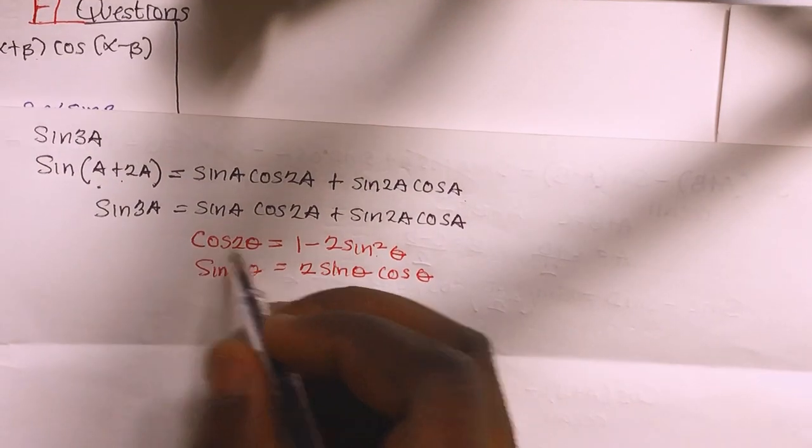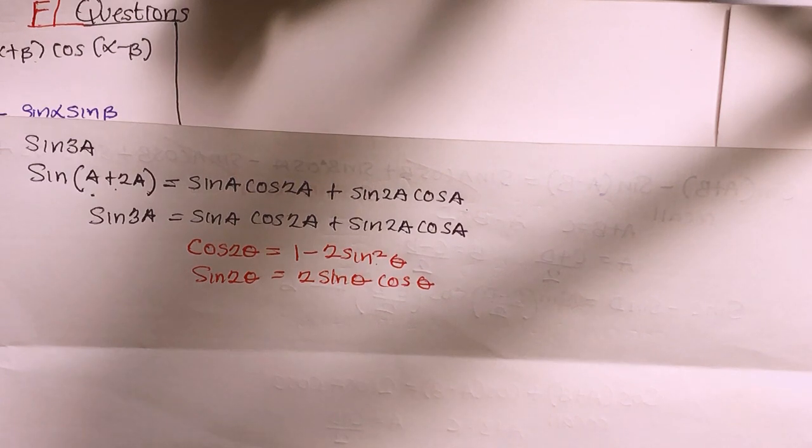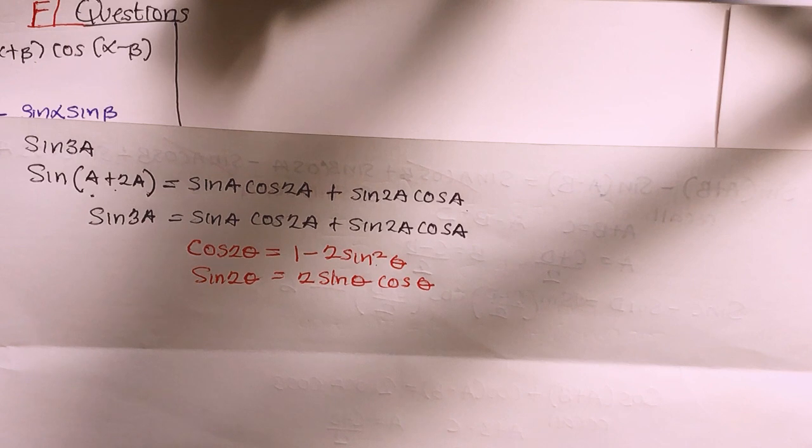Cos 2 theta can be written in three ways: cos square theta minus sine square theta, 1 plus 2 cos square theta, and 1 minus 2 sine square theta. But sine 2 theta can be written in just a single way, which is 2 sine theta cos theta.